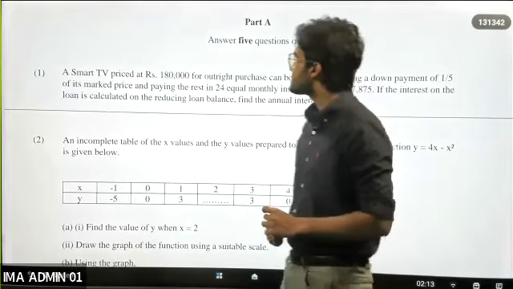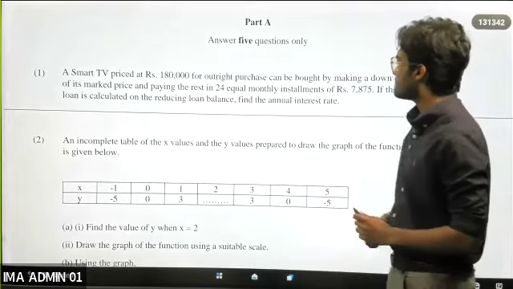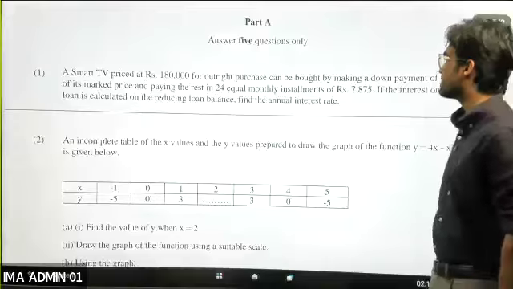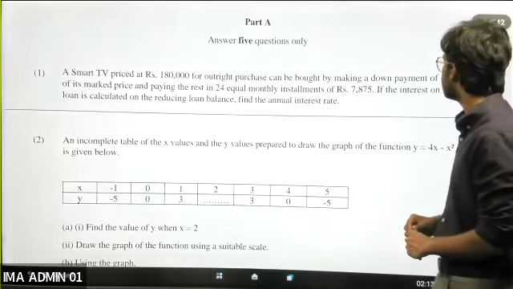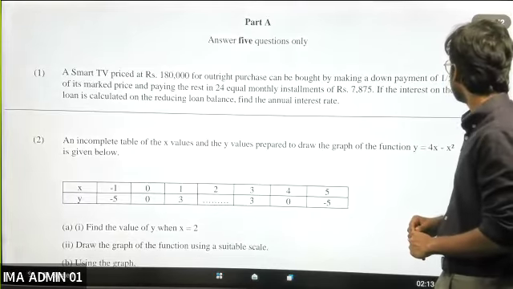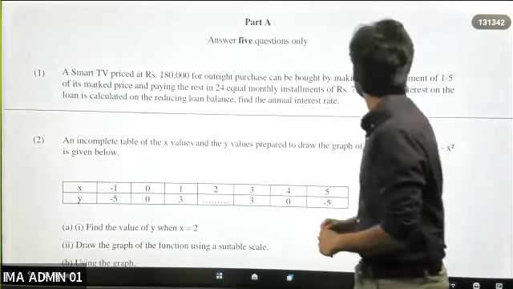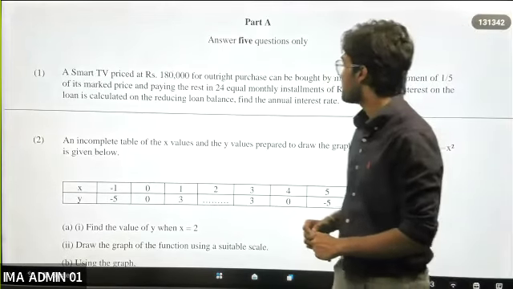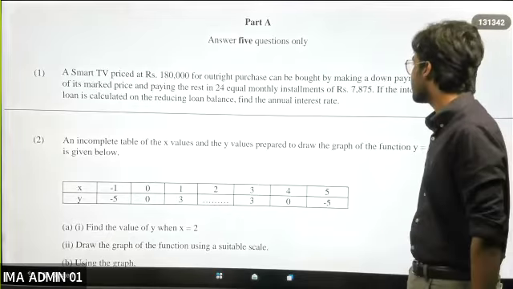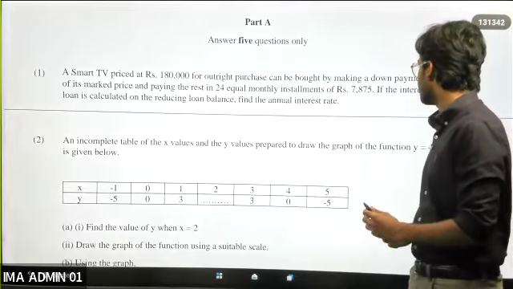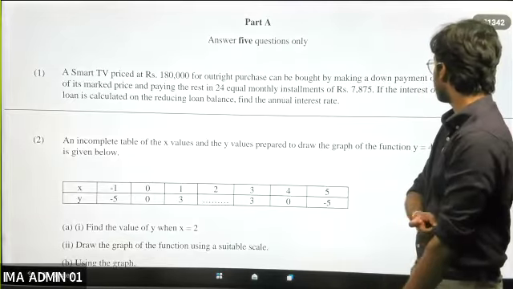So we will start from the questions now. The first one. A smart TV priced at rupees 180,000 for outright purchase can be bought by making a down payment of 1 by 5, or 1 divided by 5, of its marked price and paying the rest in 24 equal monthly installments of rupees 7,875.